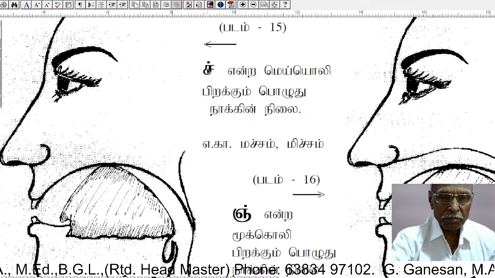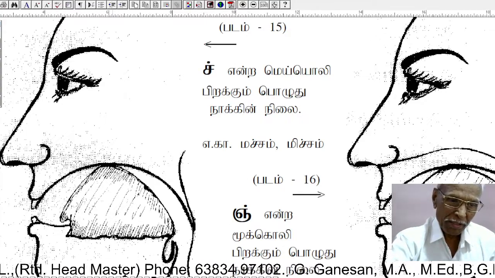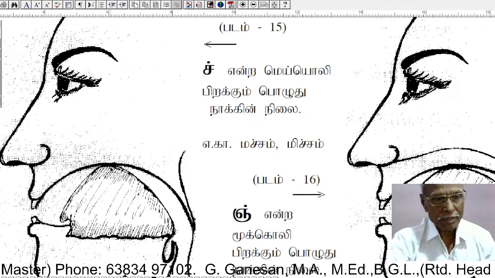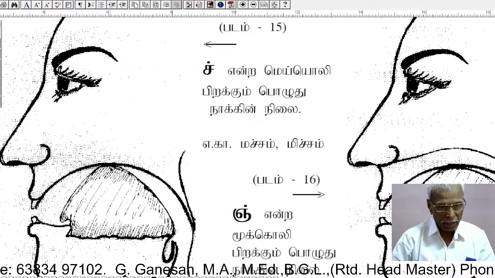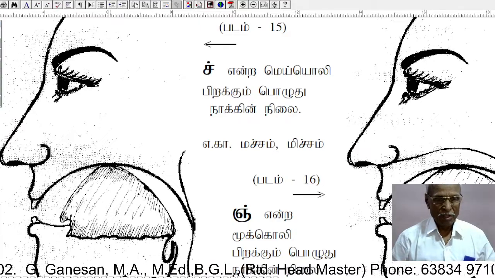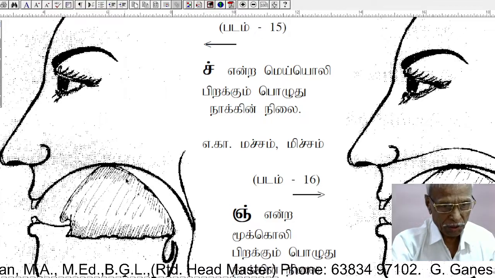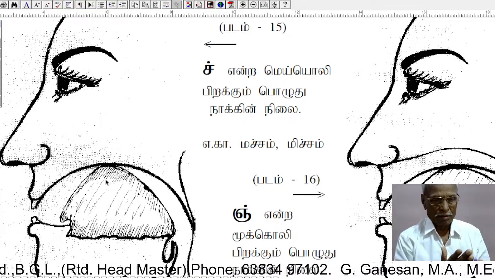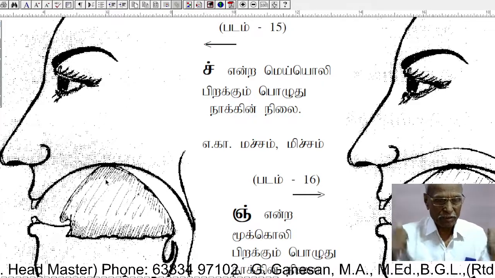This phoneme is produced by raising the center of the tongue to the center of the roof and making a tight contact with the center, and sending out the blocked air through the sides of the tongue.